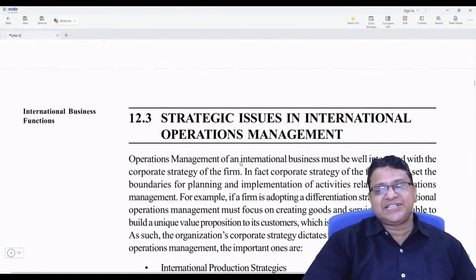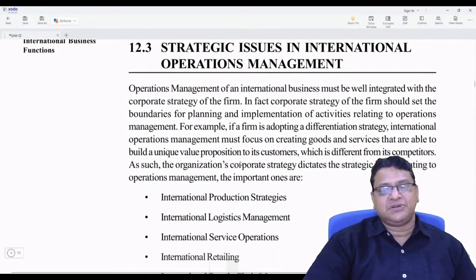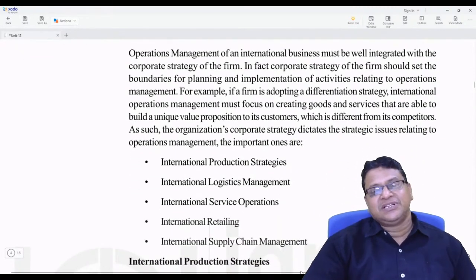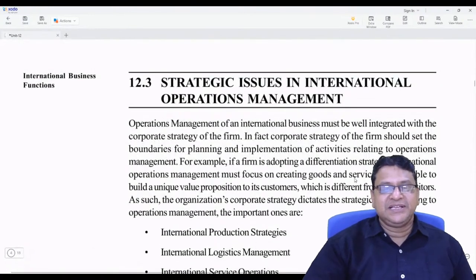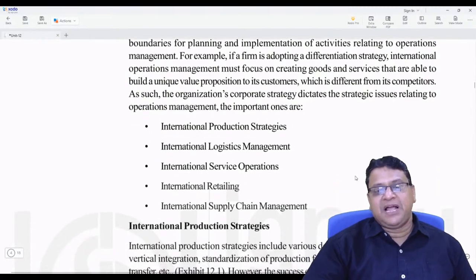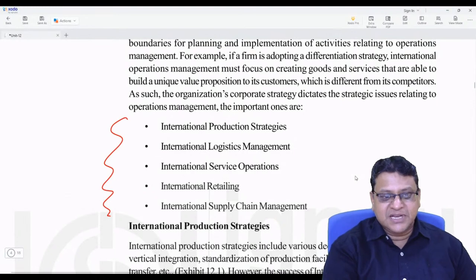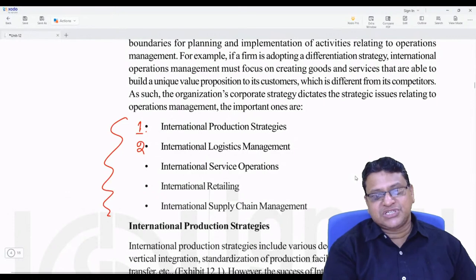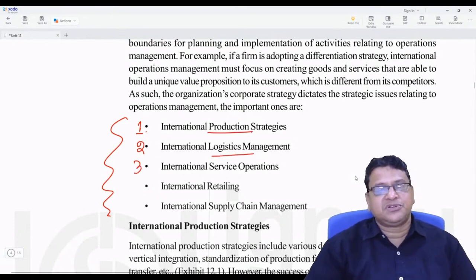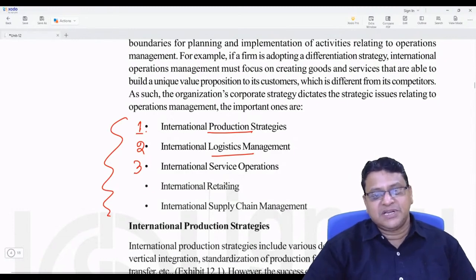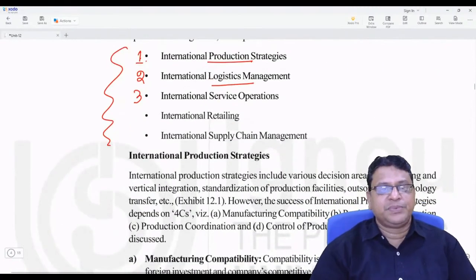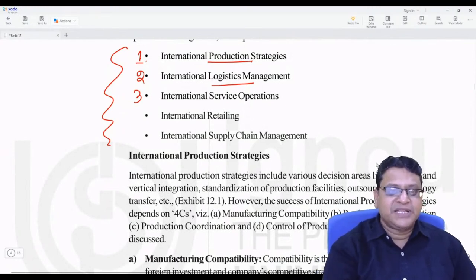What are the key issues involved in operation management? We have already discussed there are 5 important key issues involved in international operational management: first, international production strategies; second, international logistic management; third, international service operations; fourth, international retailing; fifth, international supply chain management.